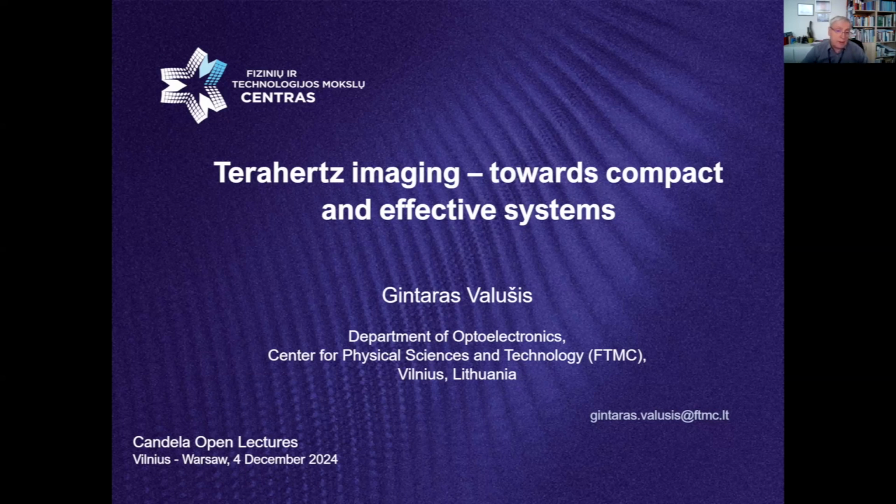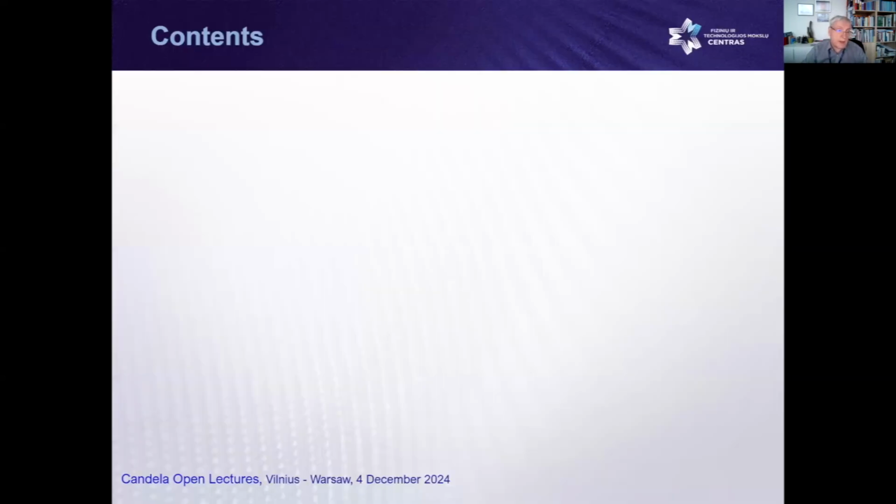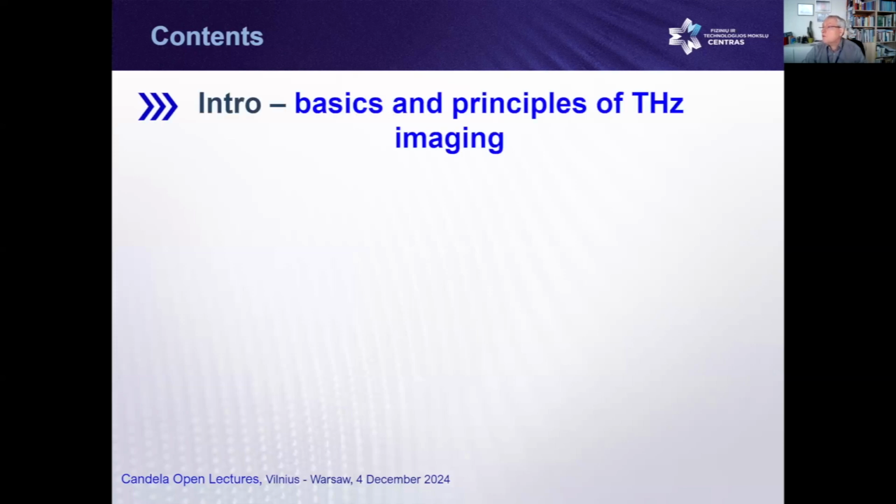So, imaging and towards compact and effective systems. The contents of my talk: just an intro. First, we'll talk about the principles of terahertz imaging, how it appeared, and what properties of terahertz can be used for this approach.